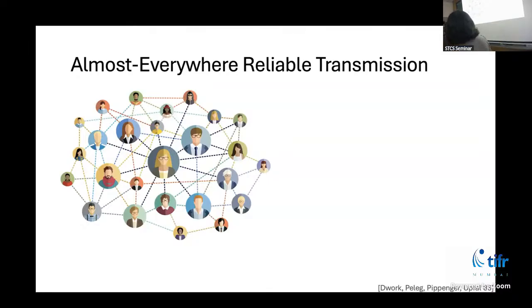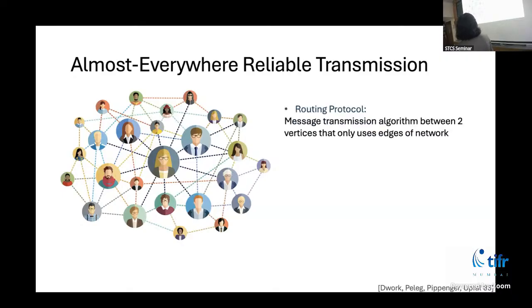So imagine a sparse graph where all these players, all these people, want to communicate with each other, but they are not connected via direct communication edges. So they can only communicate via the edges in the graph. We want to design a routing protocol between all pairs where you can only transmit messages along these edges.